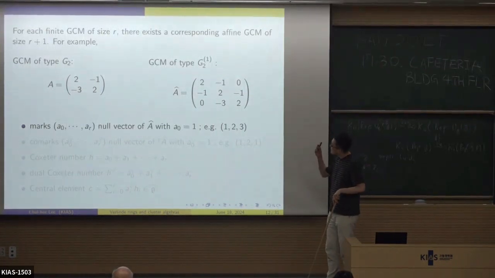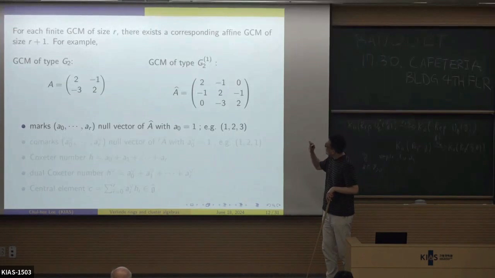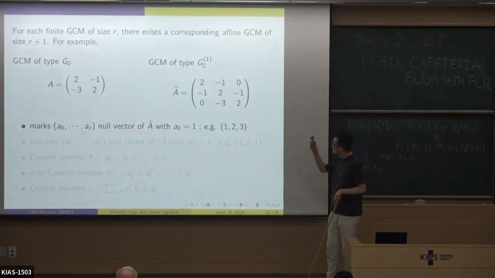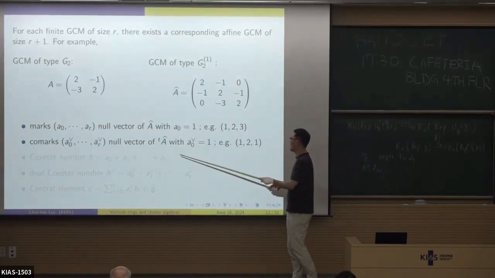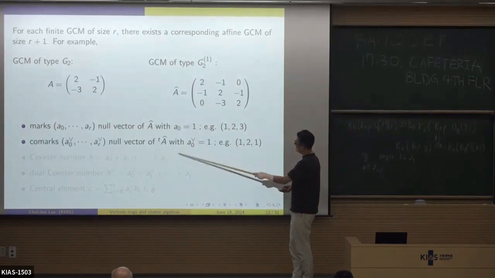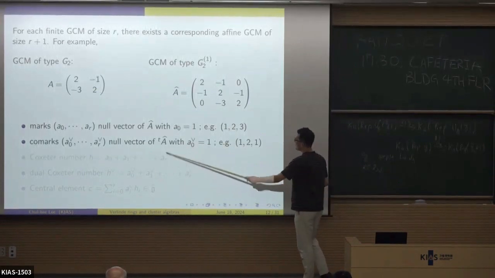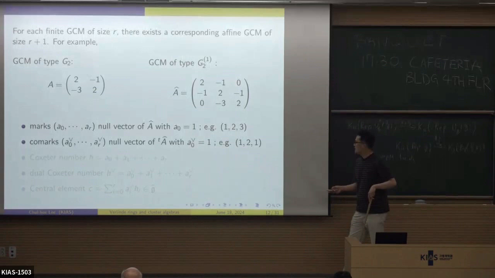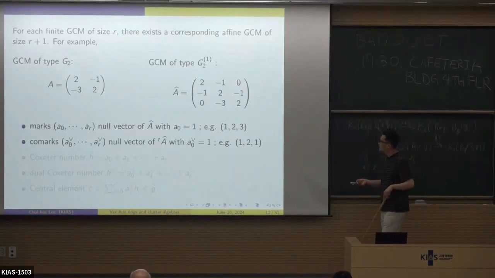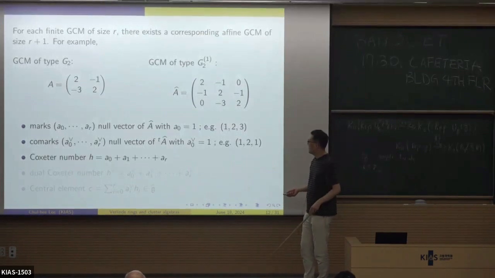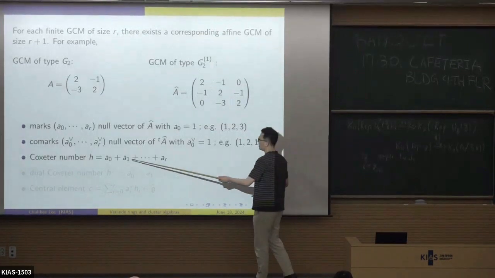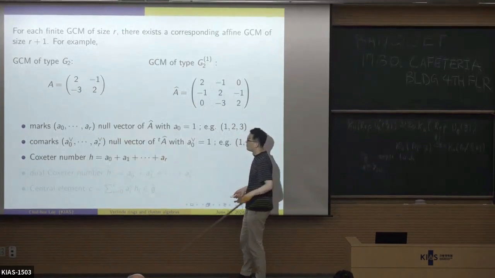For each affine Lie algebra, we can define such quantities using the GCM. Comarks are the null vector, with this normalization, of the transpose of the GCM. So in this case, it's 1, 1, 1. The Coxeter number h is obtained by adding the numbers appearing in the marks.